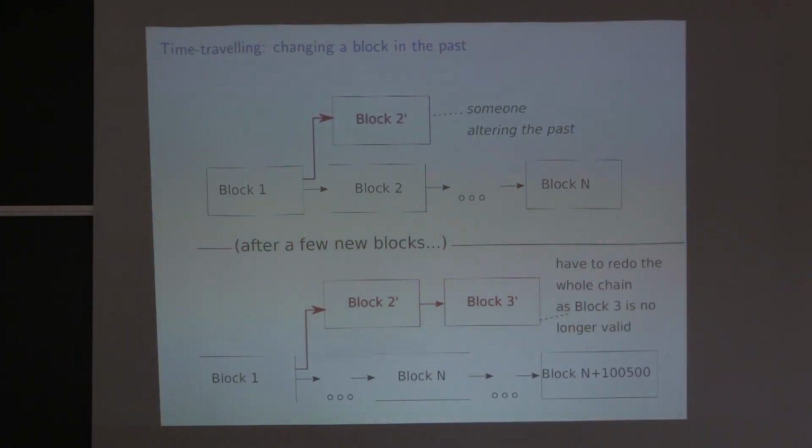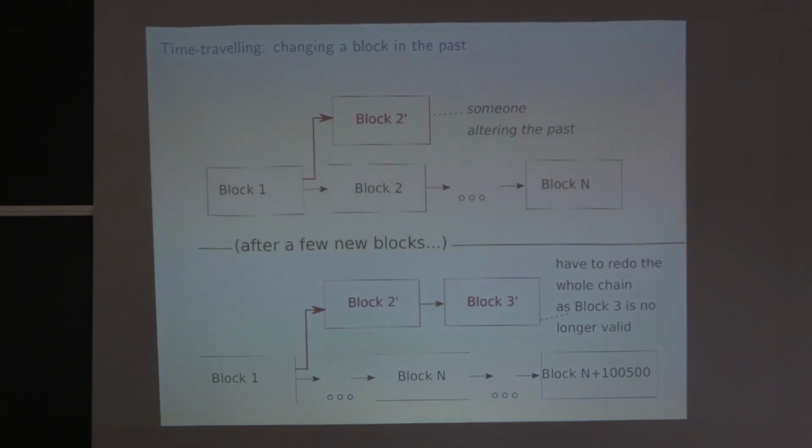But if we assume that all observers have equal computational resources, it will take her a while to do that. In the meanwhile, all law-abiding observers will just extend this dominating branch, and it will extend much, much further. And Carol will not be able to catch up with them.